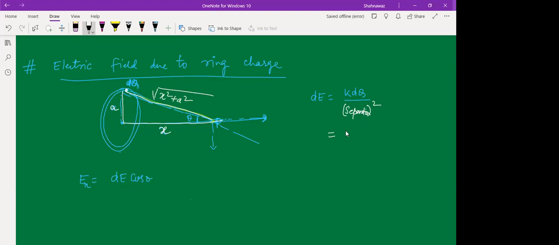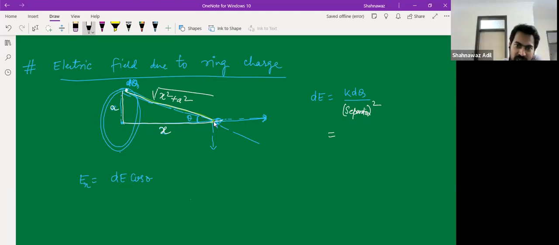Sir, can you explain how the y component got cancelled? Yes. Let's say this is theta, and you have this dq over here. The same dq which was here, so the same dq here, will make another angle, which is theta. So this is cos theta and this is sine theta.